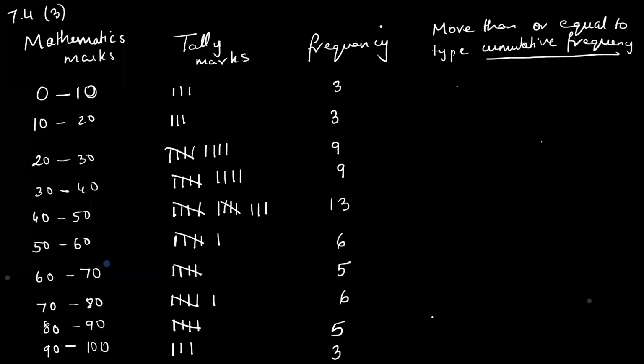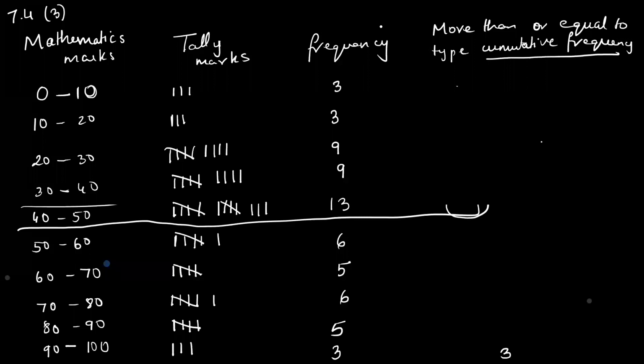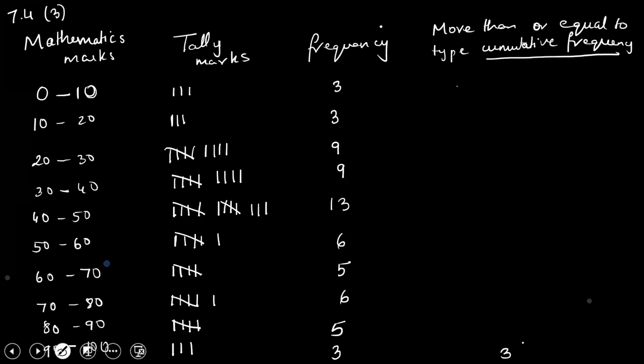In this we'll do the other way around. We'll start from below. So can you tell me what should I write here, Anaida? Sir, 3 plus 5, that's 8. No. The first value is the same. 3. Can you tell me who are these 3 people? They have scored more than 90.